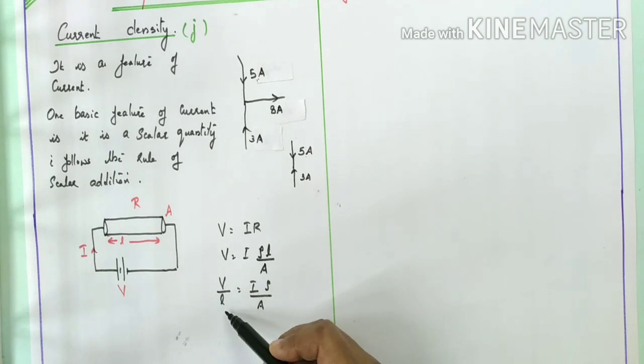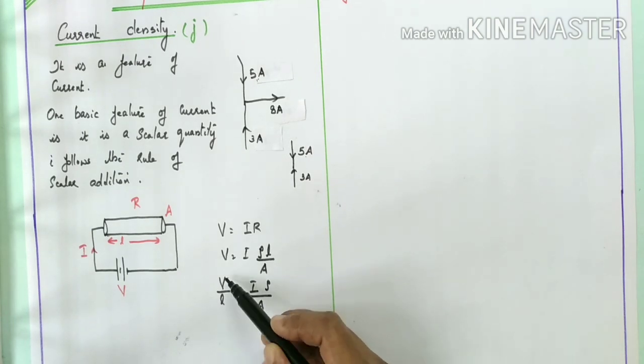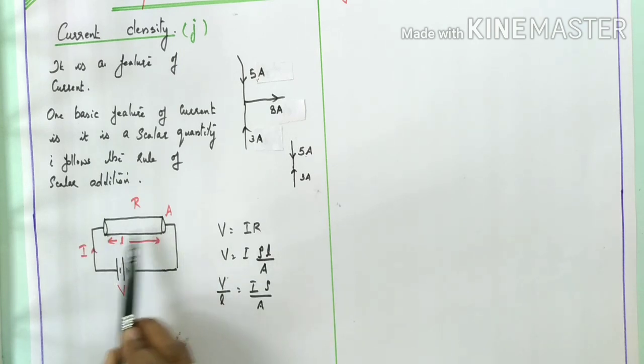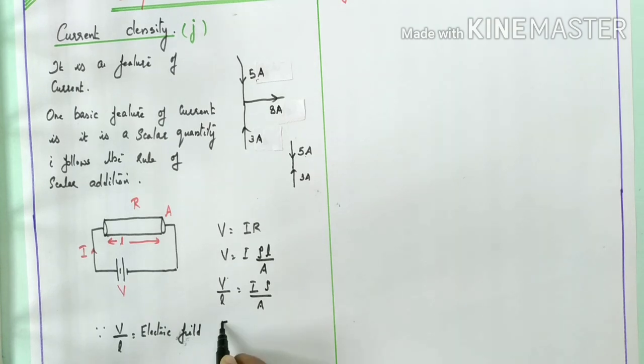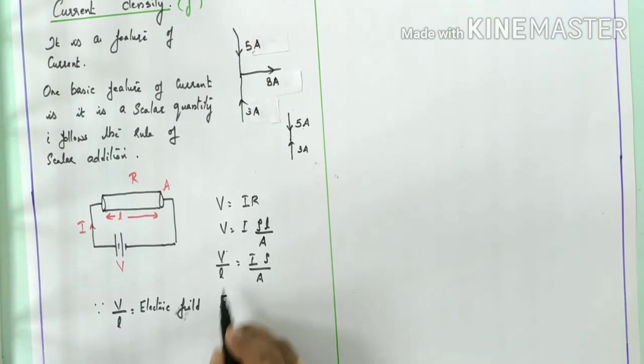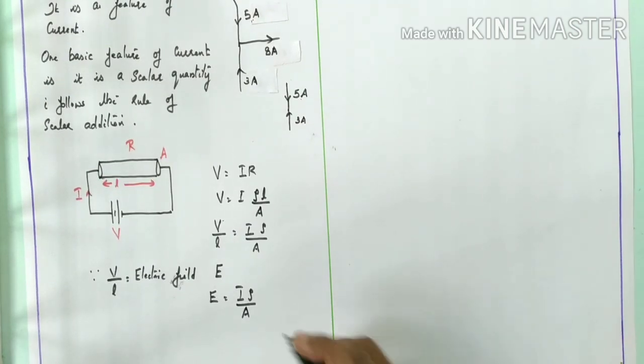Now, potential difference divided by length, or voltage divided by length. We know that potential difference divided by length is given by which physical quantity? That is given by electric field. V by L is called the electric field. Since V by L is equal to electric field E, we can substitute and write E equals I rho divided by A. Now we are introducing the term current density here.